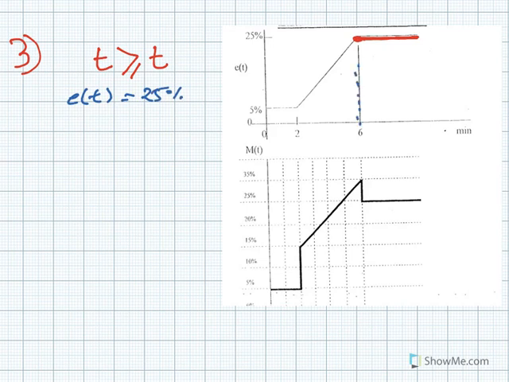So here we have t equals 6 and the E(t) equals 25%. So the MB, the output of the controller due to the proportional mode, equals, as you know, Kc multiplied by E, equals 1 multiplied by 25 equals 25%.